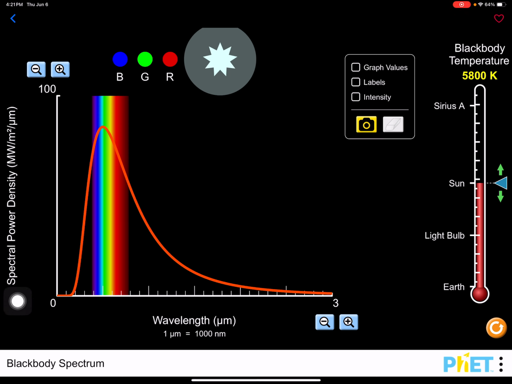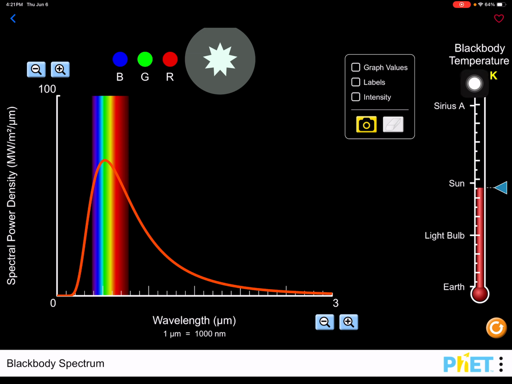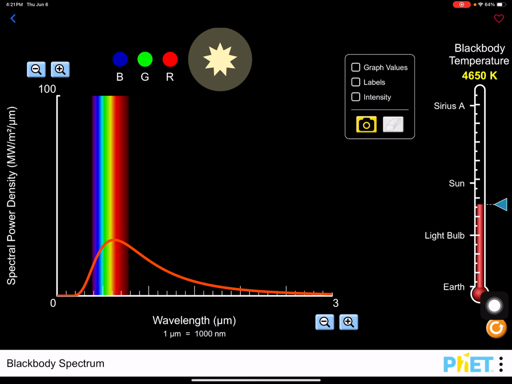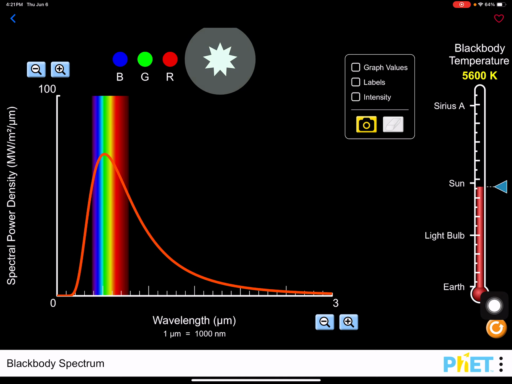Now, if you change the temperature of the object, this curve changes. So the curve is unique for a given temperature.